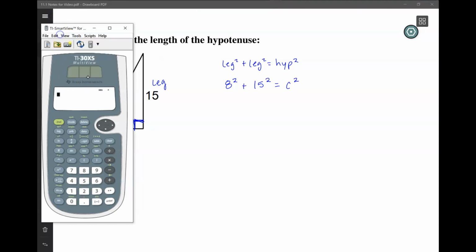So we've got 8 squared, 64, 15 squared, 225 equals c squared. So I need to add those two together.